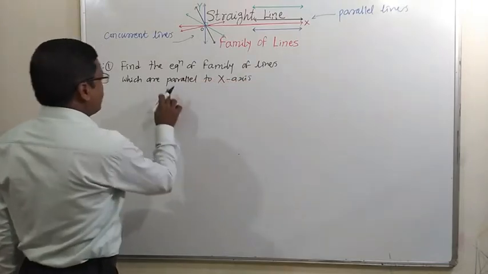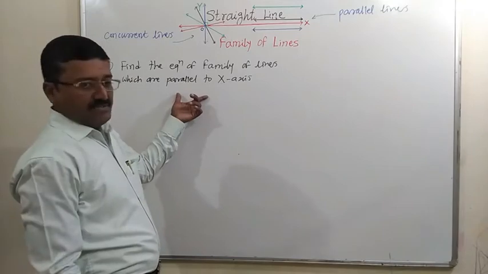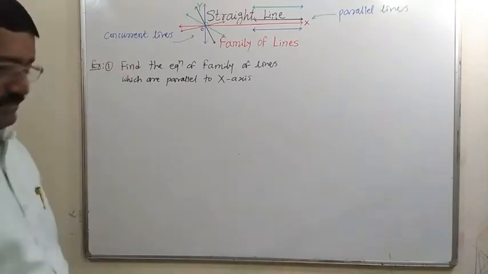What is given here? Parallel to the x-axis means its slope is 0. That is given here.